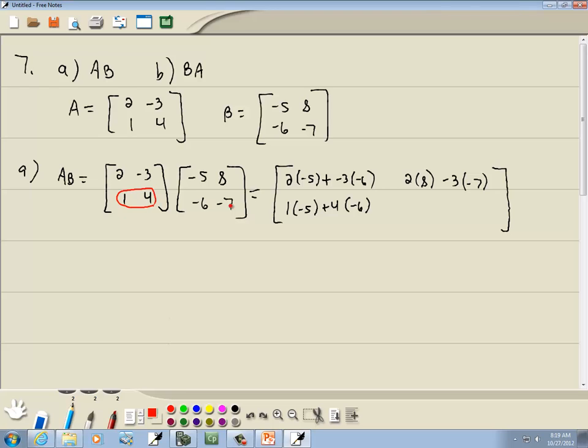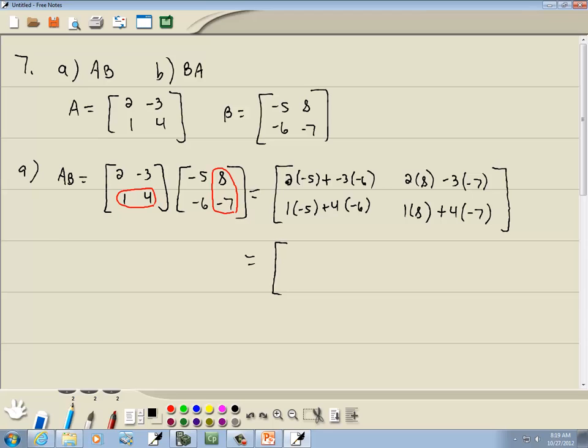Then we want to take this row times this column. There we go. I was able to do it. I was afraid I'd run into some of these others, and when I erased it erased parts of my matrix. 1 times 8 and 4 times -7.